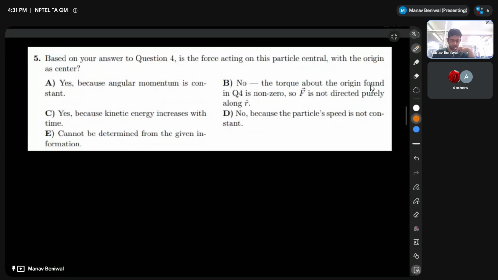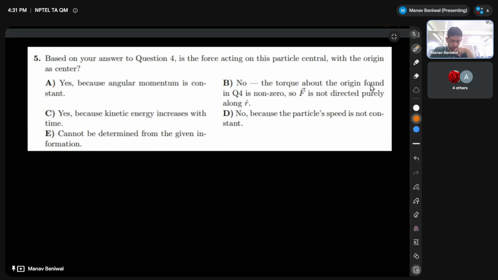And finally, based on answer to question 4, is the force acting on this particle central with the origin as center? So can anyone of you answer this question? We just calculated our torque, and can we say anything about the force acting on this particle? Like is it a central force?